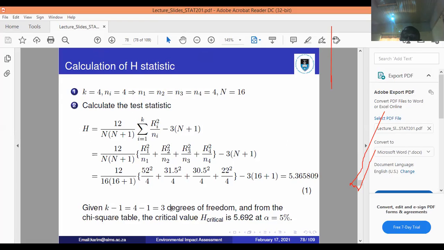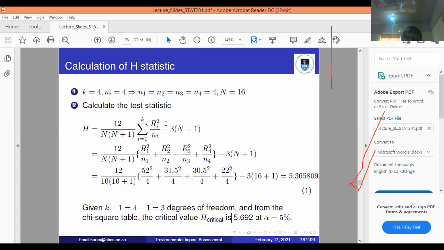Given 3 degrees of freedom and a significance level of 0.05, we read from the table and get 5.69.